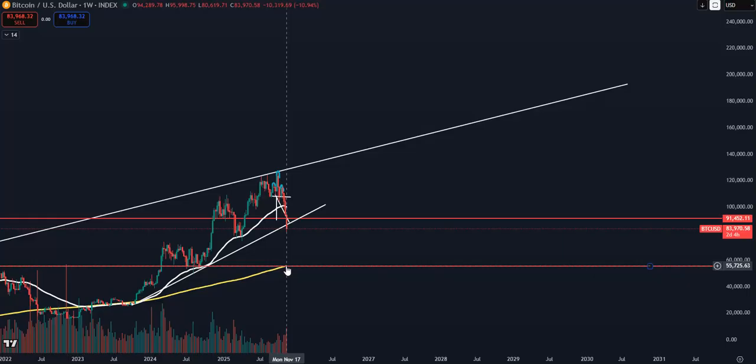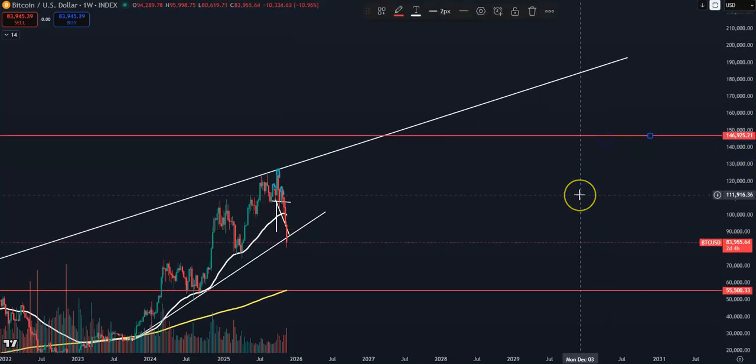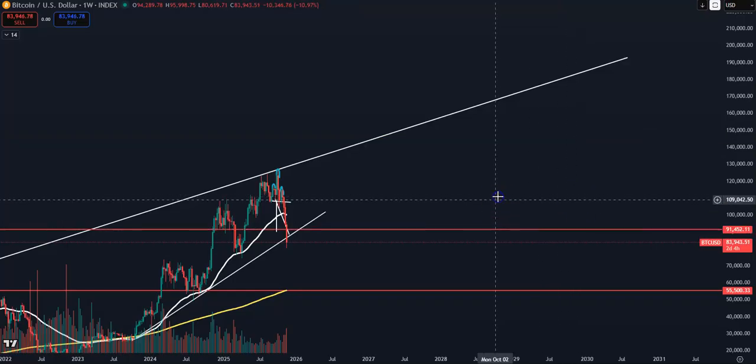So even if it drops back down to that 70 range, it's still not going back down to where we got in at. But yeah, those are my thoughts about what's going on with the market.